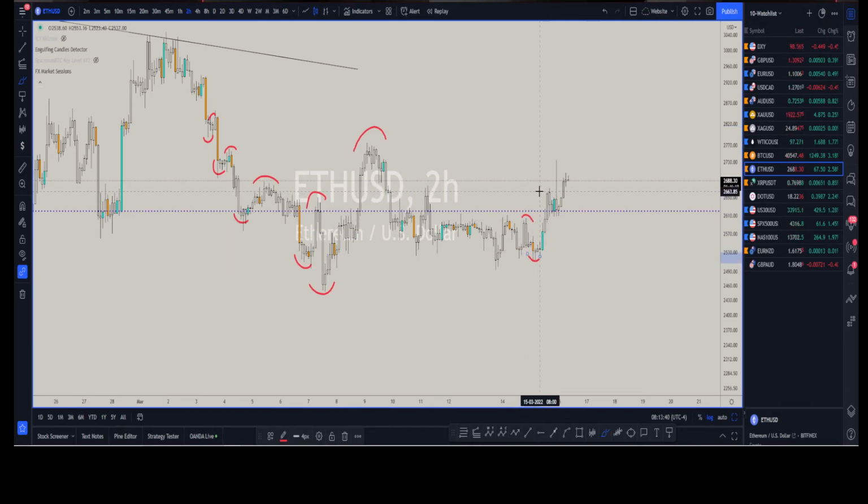This, this, this, this, this. What's next? You don't want it to break this. If it breaks this, look what's happening here. We got this, this, reversed, came back down, just consolidated in this area.